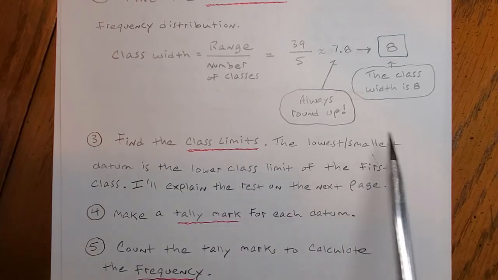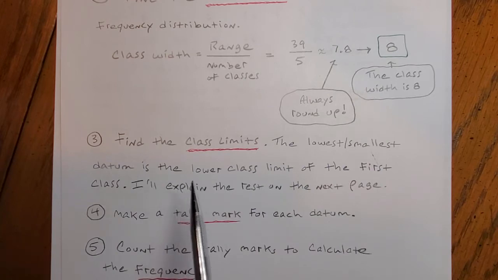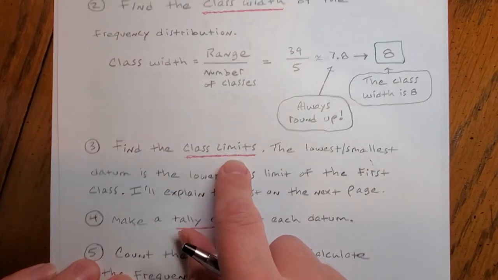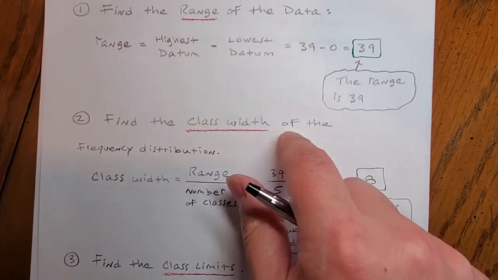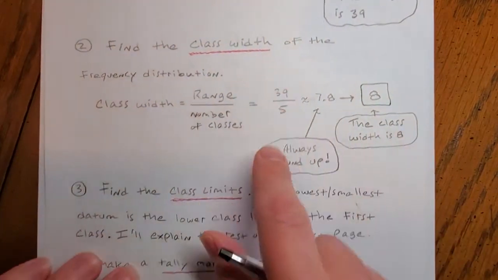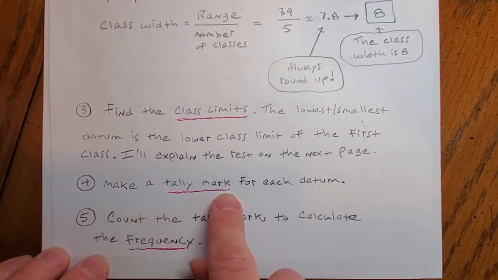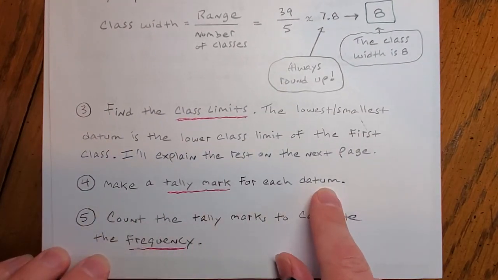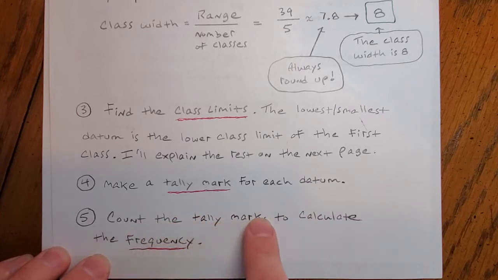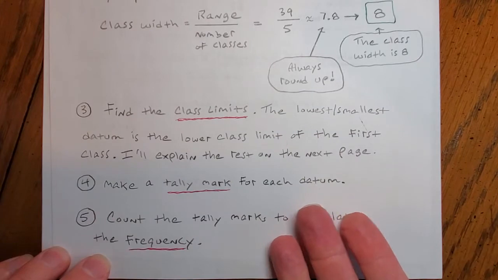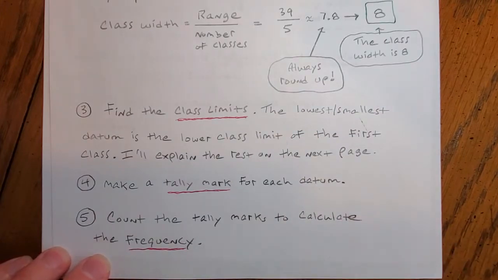Once we figure out the range, the class width, the class limits, we make a tally mark for each datum, and we count the tally marks to calculate the frequency. Again, these last 3 are just better to show you.